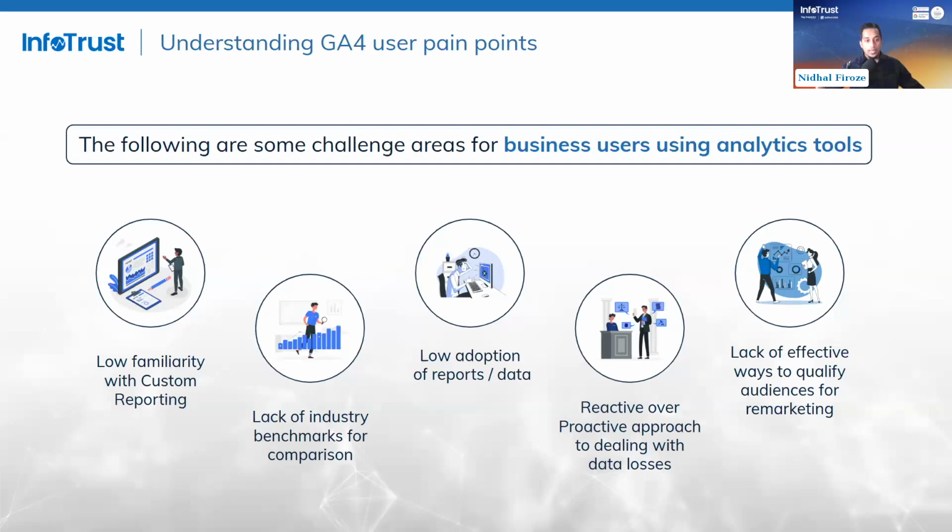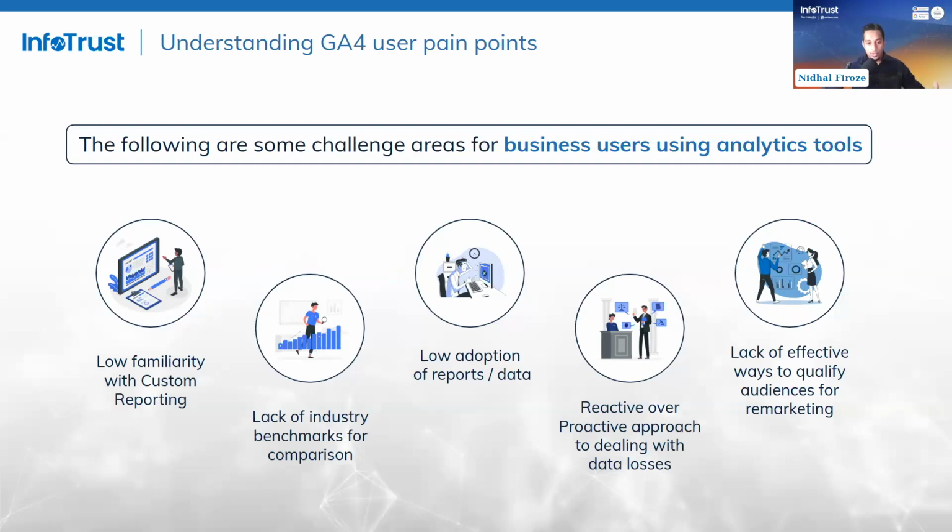We have had challenges where teams are not making data-driven decisions. They are not adopting the reports that are available at their fingertips. How can you ensure that there's more adoption? How can you let your team members drive decisions with data? So that's another problem statement that we're going to address with some of the features available within GA4.